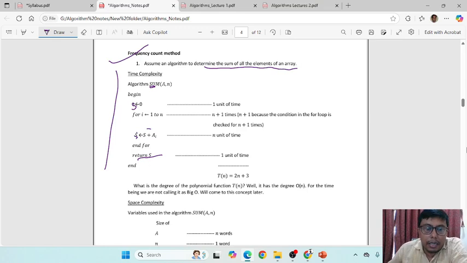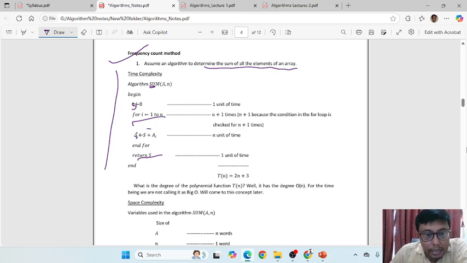So let's start to analyze and determine the time and space function. This particular statement, S assigned the value 0, will take a constant unit of time. That means 1 unit of time. Then this loop, for i assigning value 1 to n, will be executing for n plus 1 times, because it also checks the condition.